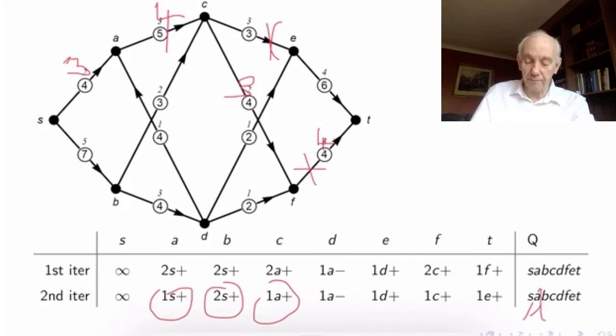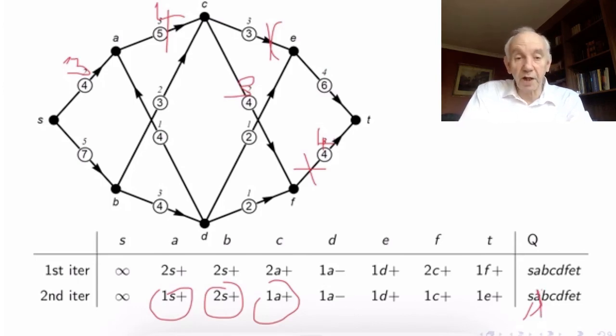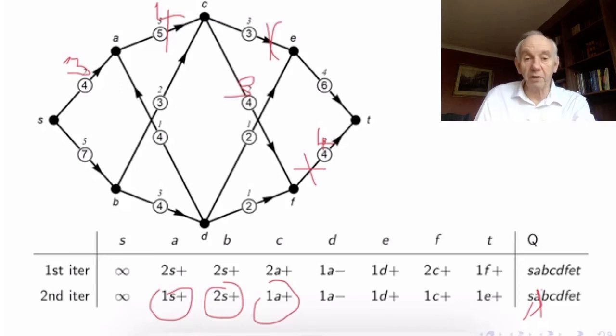Then we look at B, which is next in our queue. Nothing has changed much here either. We can't see C because that's already been dealt with, and we can't do D because that's already been dealt with. So nothing to do at B, because there was nothing before.